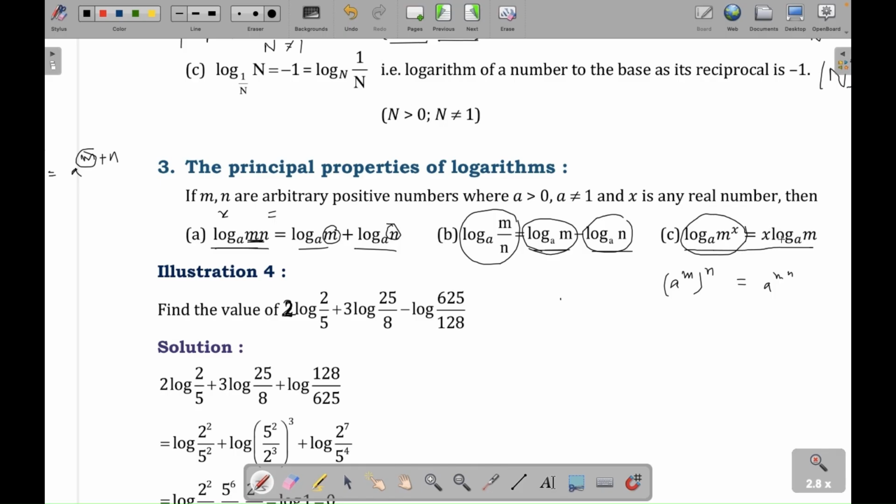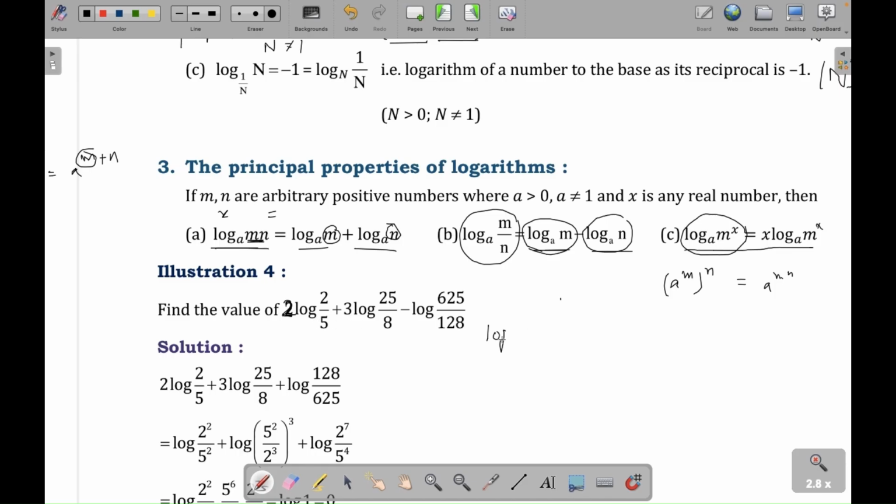So this means 2 log m to the base a. When you have 2 log m to the base a, and if you want to get rid of this 2, you just raise this to the power x. Remember that you are not given the base, so you don't need to write anything.